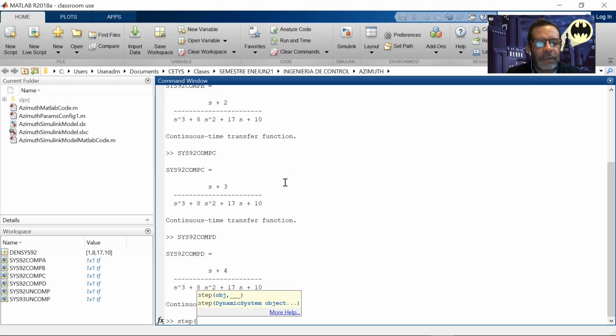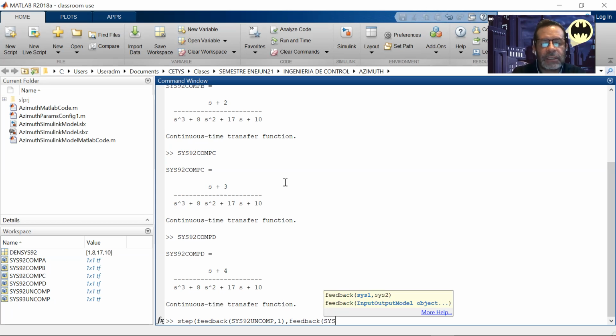I'm going to do the step of the feedback of sys92 uncomp, comma 1. Remember that we're using the forward transfer function, so that's why this is the feedback of sys92 comp B, comma 1.